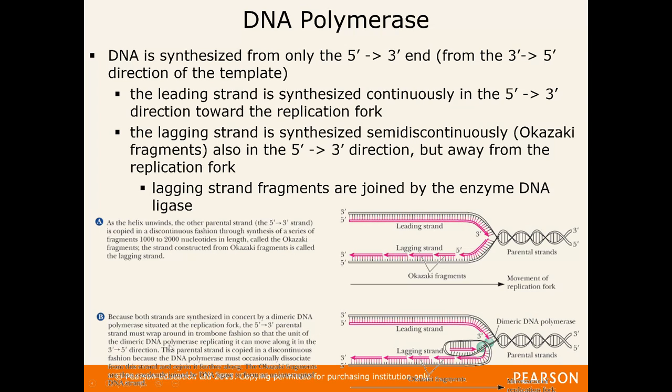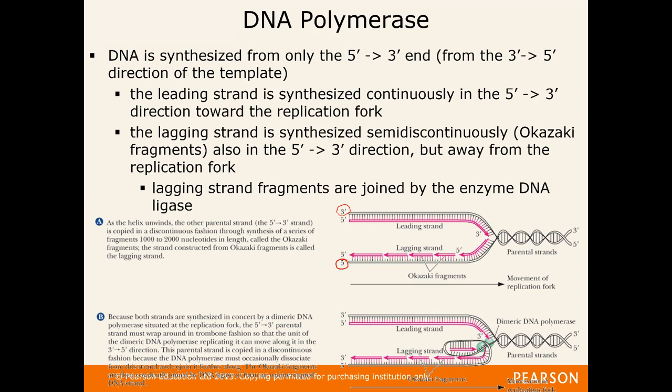Okay, so this is a simplified diagram, but it's really the heart of what I'd like you to understand about it, which is that the two strands will unwind, and there is the 5' to 3' parental strand, which is here, and then the 3' to 5' parental strand, which I've circled up there at the top.